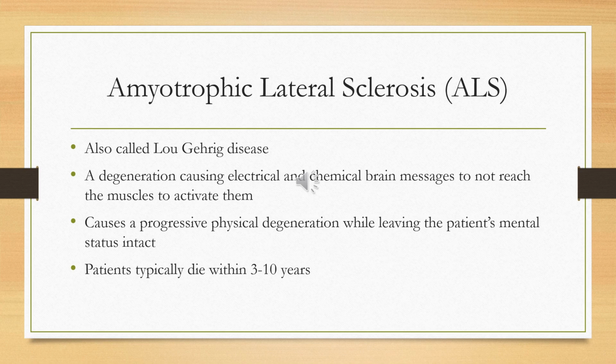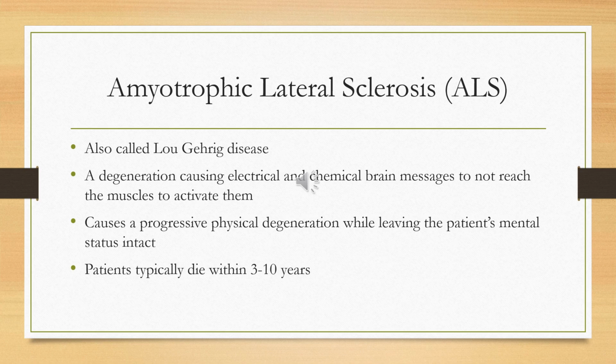Patients with this disease typically die within about 3 to 10 years of developing the disease. One key factor with this disease: they're having a physical degeneration, and so eventually everything is going to stop functioning, except their mental status will remain intact.